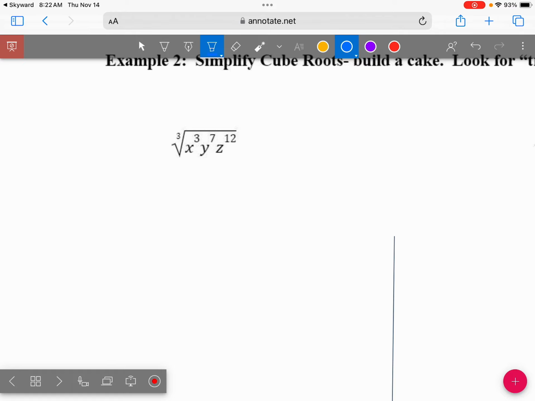All right, so let's go ahead and do this next one. This is all variables.